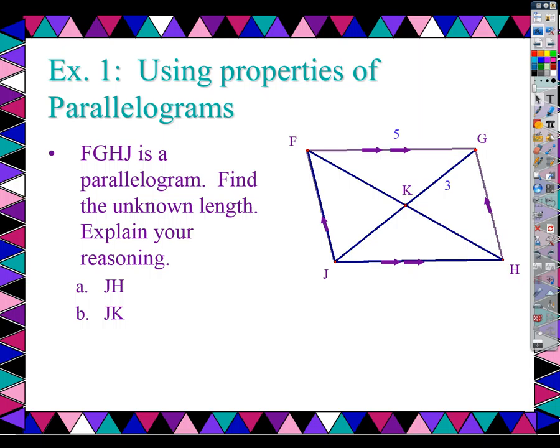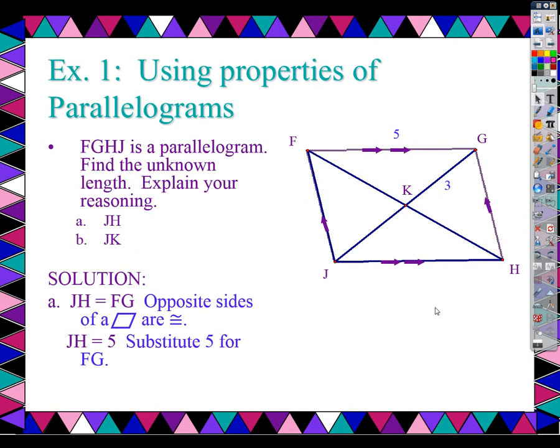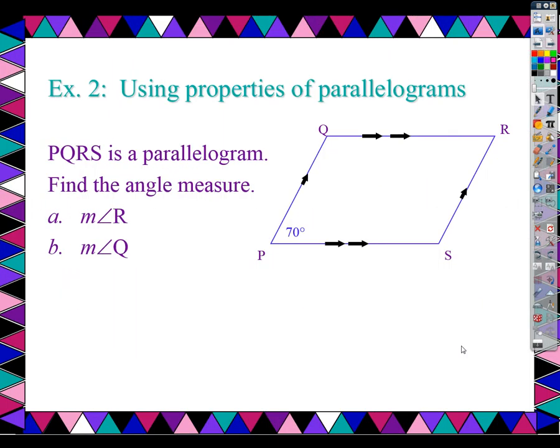All right, how about some angle stuff then? What about this? Take a look at the picture. Okay, so we know PQRS is a parallelogram. So based on what we're given there, can somebody, Cassidy, what's the measure of angle R and why?